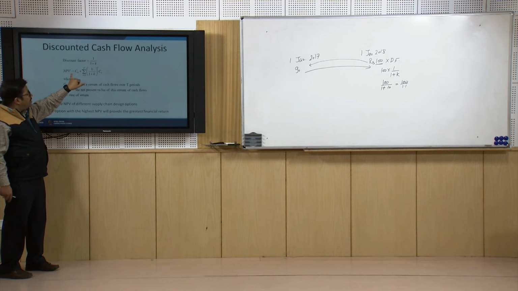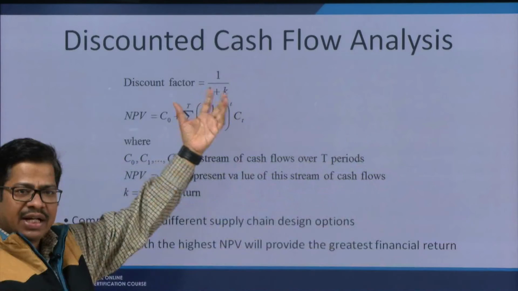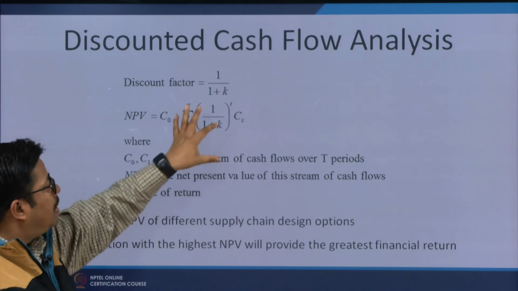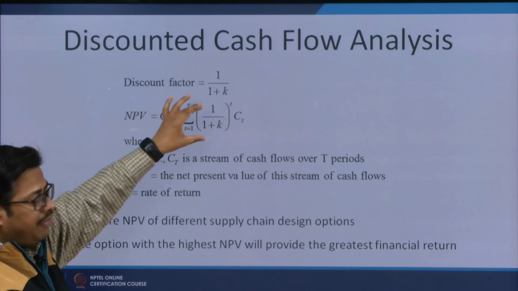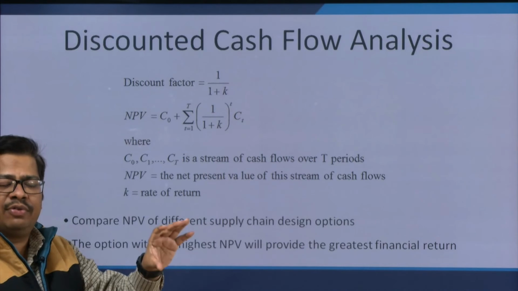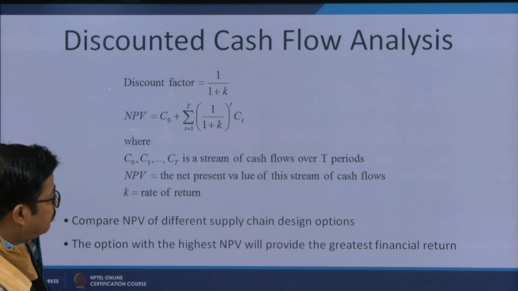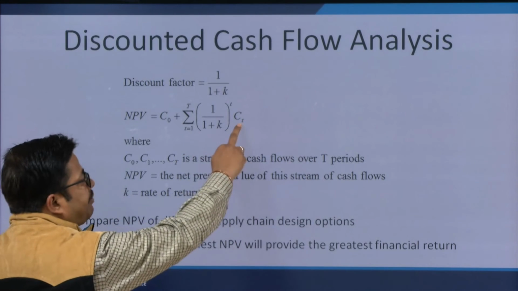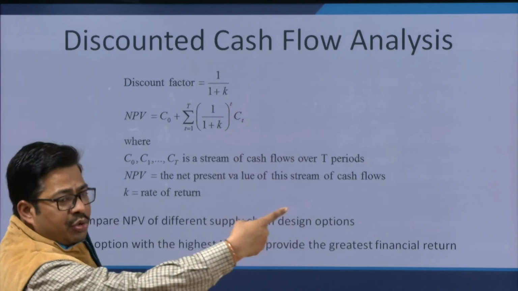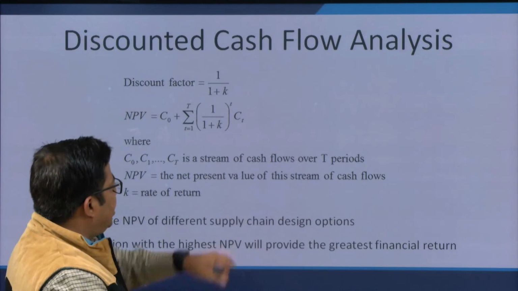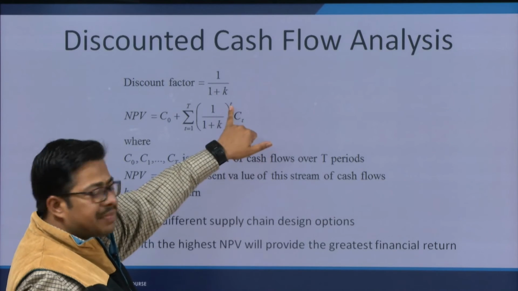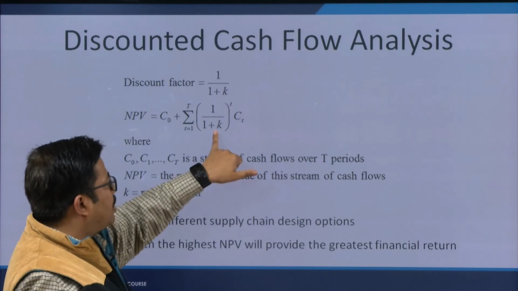Most of the time C naught is negative, and then this second term in this expression represents the sum of all the future cash flows and their present values. So CT is like, for 2018 we discussed, CT is 100 rupees, T becomes 1, and 1 plus k.